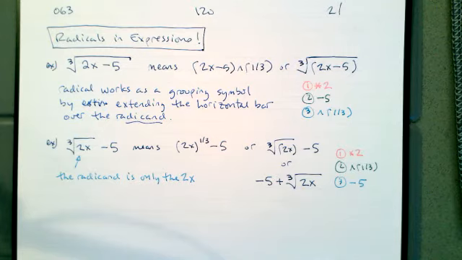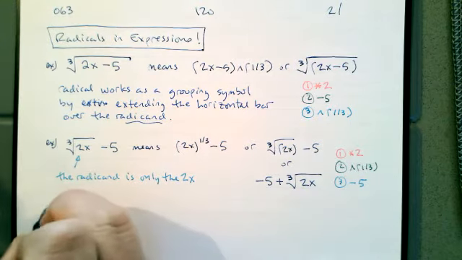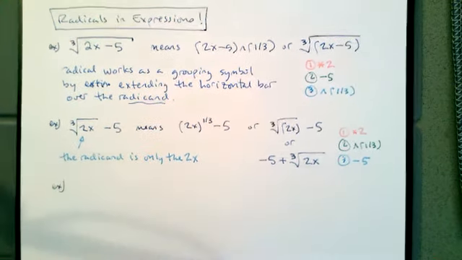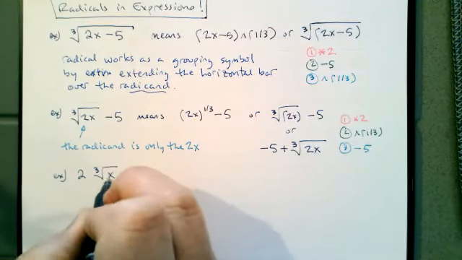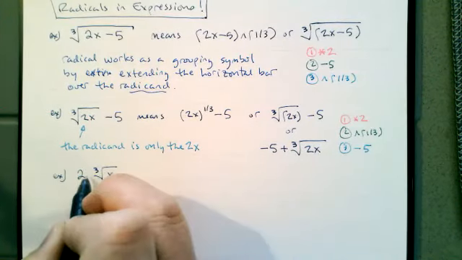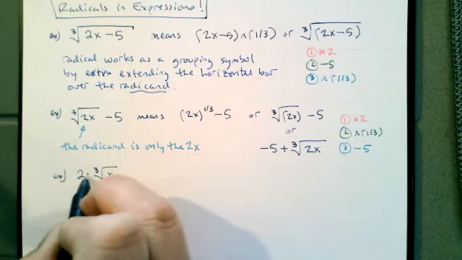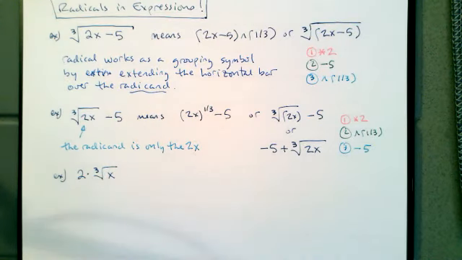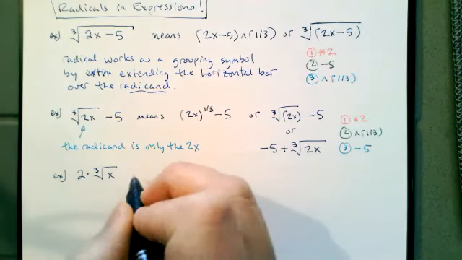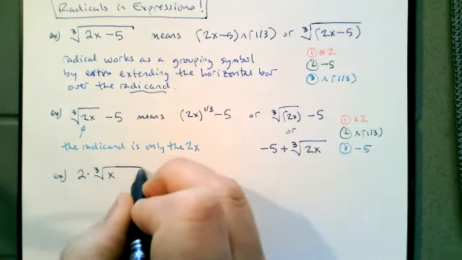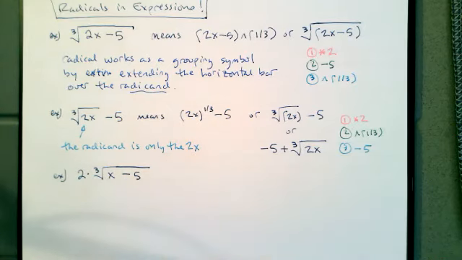It's not quite as bad if we have a coefficient. So for example, if I have the expression 2 in front of a cube root of x minus 5, putting a constant in front, as long as it doesn't look like it's jamming up into the index, then this is 2 times the cube root of x minus 5. And so we want to read the order of operations here.